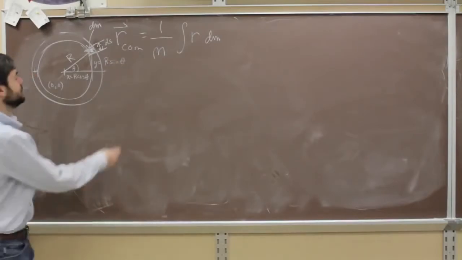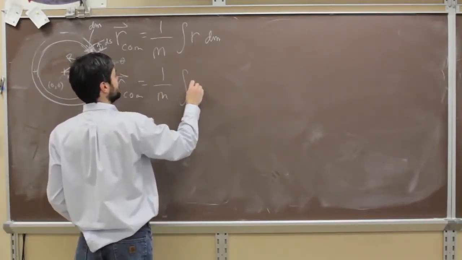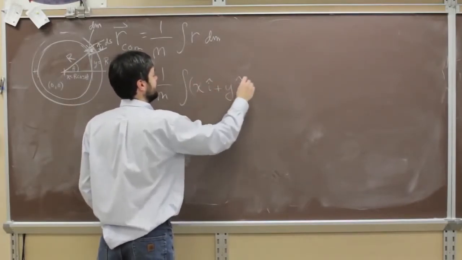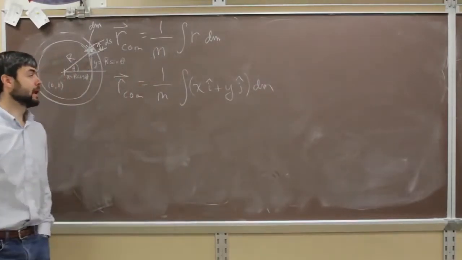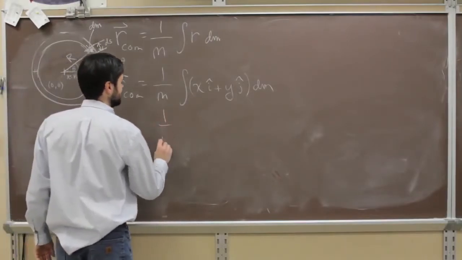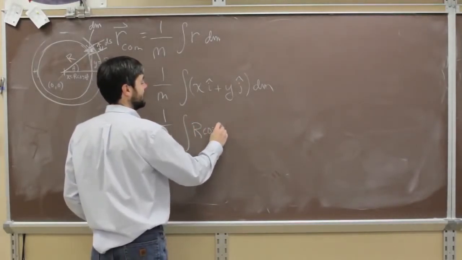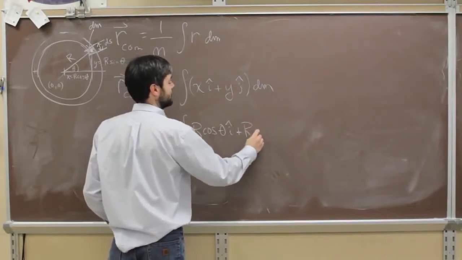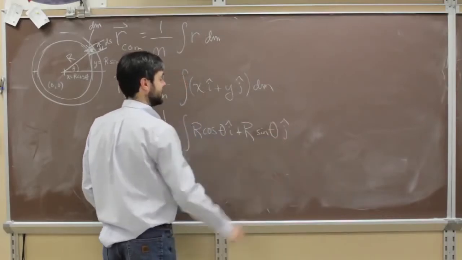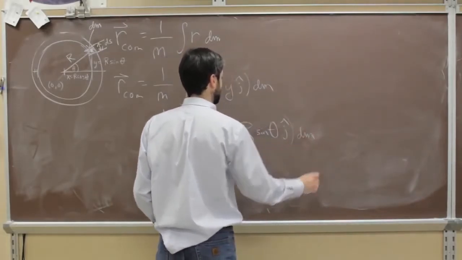So really, when we write this r com, we're doing this for x i hat plus y j hat dm. And we are giving this a location. And what's that location? Well, it is r cosine theta i hat plus r sine theta j hat.